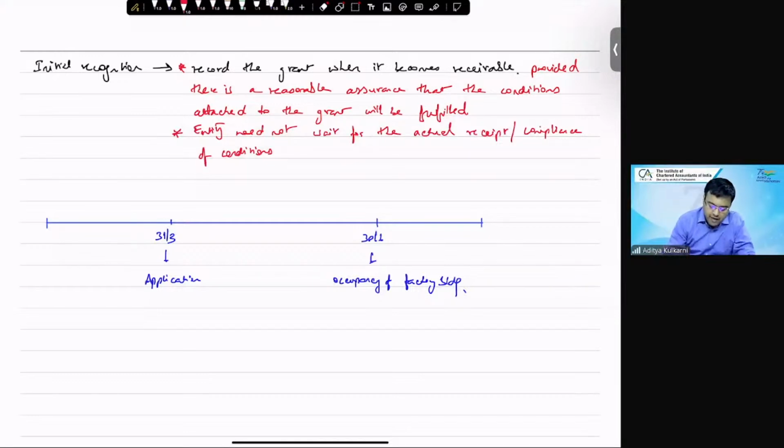You cannot file the application on 30th of June because deadline to 31st March है.